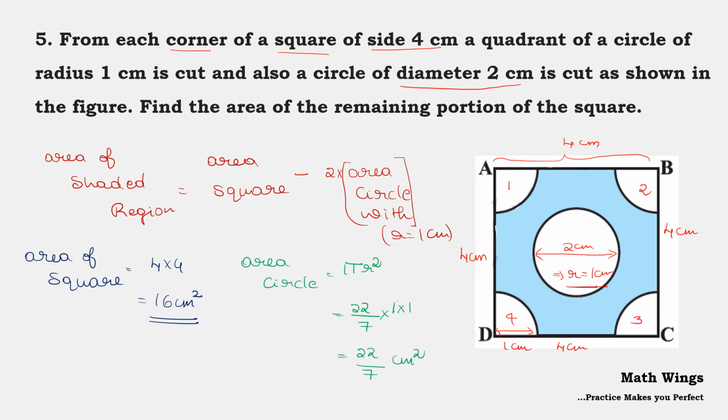Now we have to find the area of the shaded region. Area of shaded region is equal to area of the square minus 2 into area of the circle. So what's the area of the square we got?